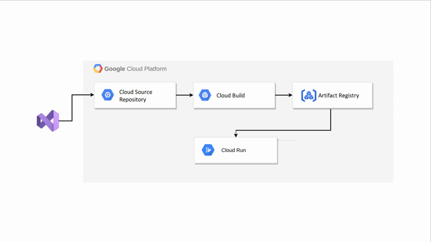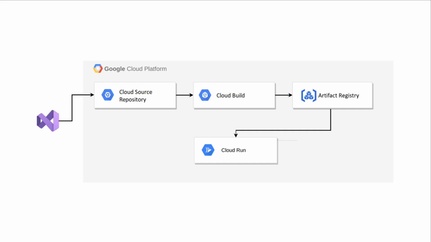Cloud Run. Google Cloud Run is a serverless compute platform provided by GCP that enables developers to deploy and run stateless containerized applications. First, we will create a Web API project using Visual Studio. Then we need to push the code into a repository. For that, we will create a Cloud Source Repository service.